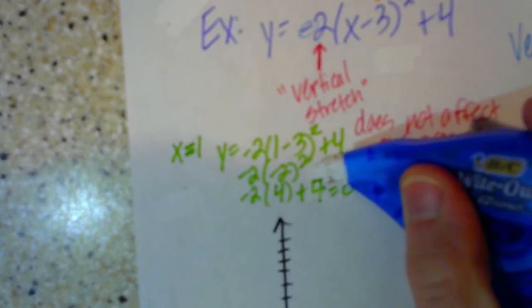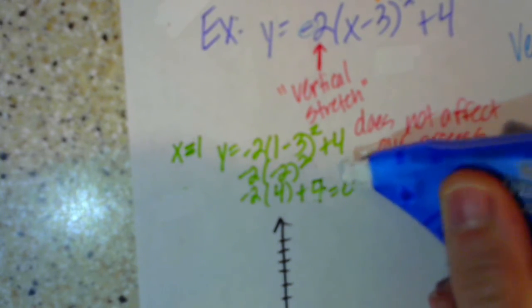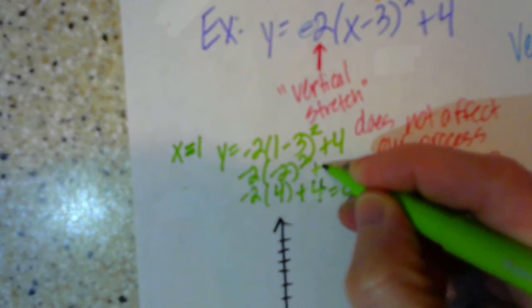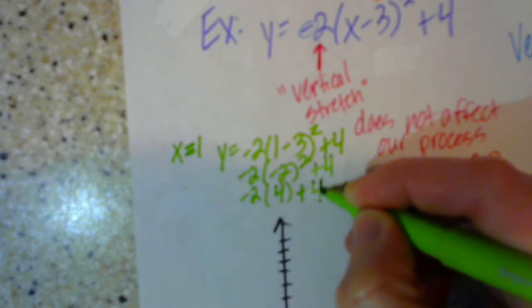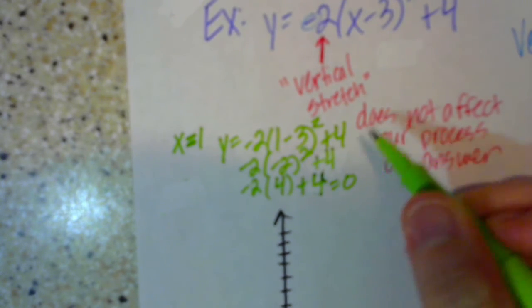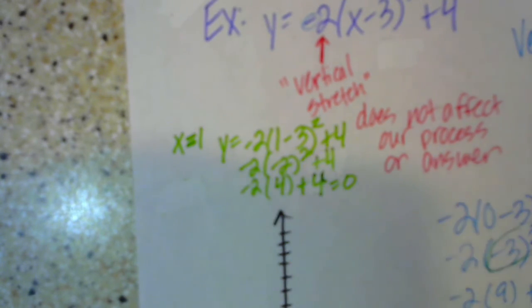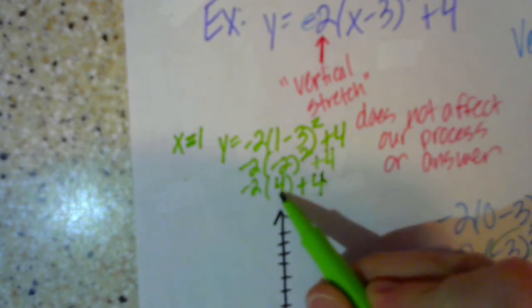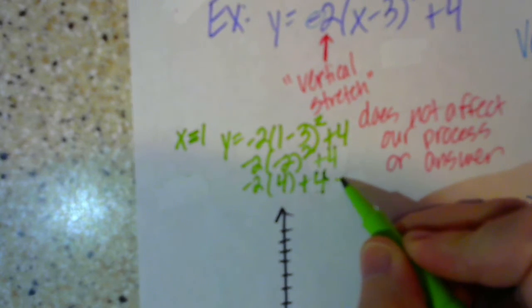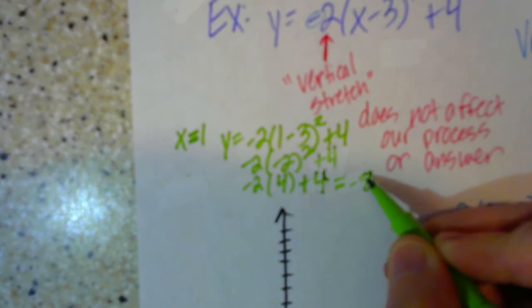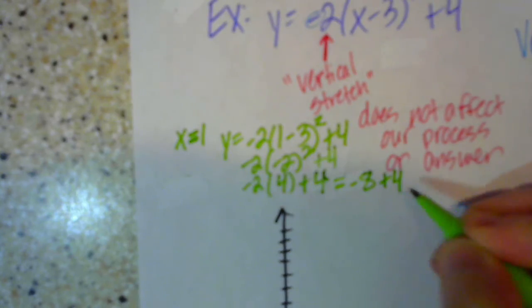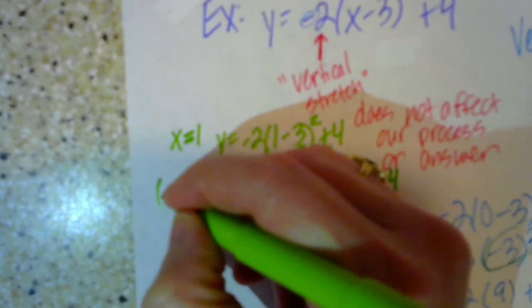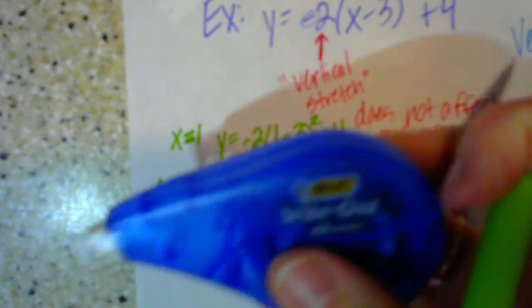So that's going to give me, okay, so I brought it down. So now it's -8. -8 plus 4. So that's -4. So then the point is actually (1, -4).